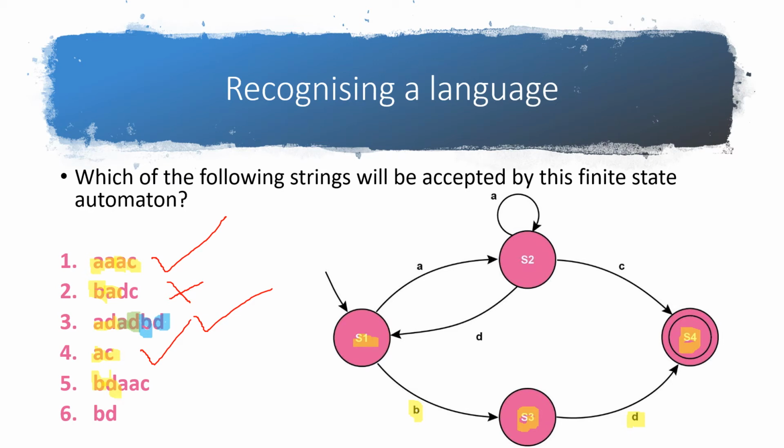Now the problem is though, that next, look, we've got an A. There is no transition from S4 for an A.